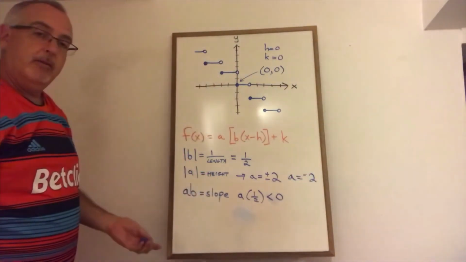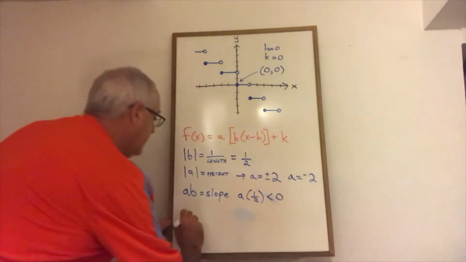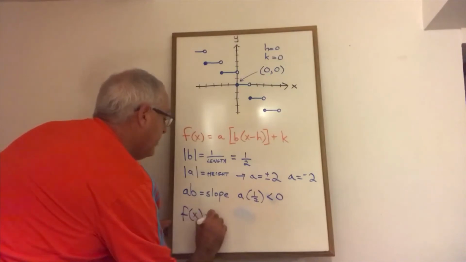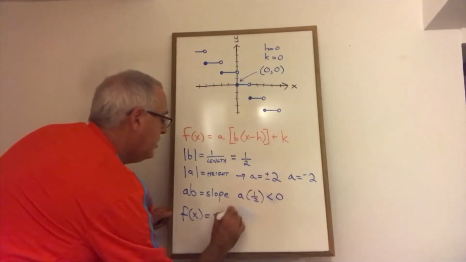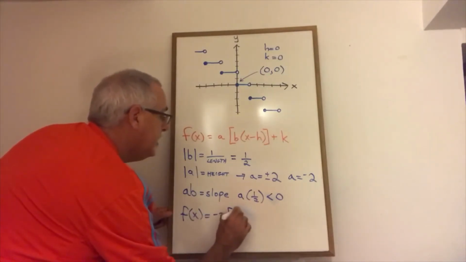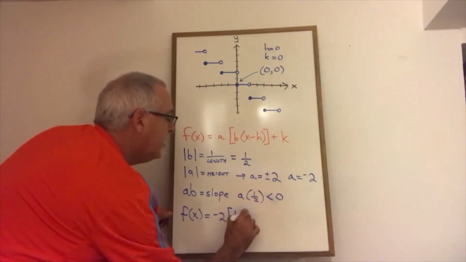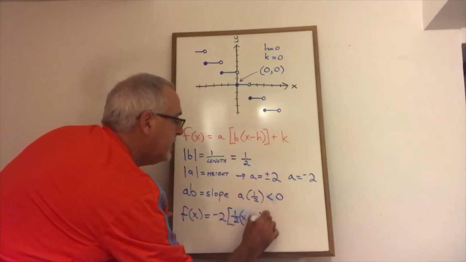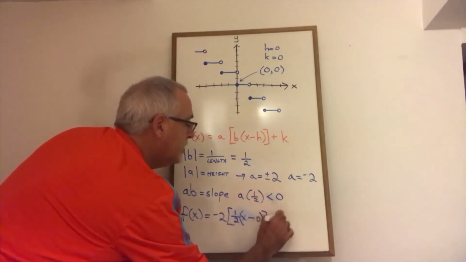Now we have all the information we need to fill in our equation. a is negative 2, b is 1/2, h is 0, and k is 0.